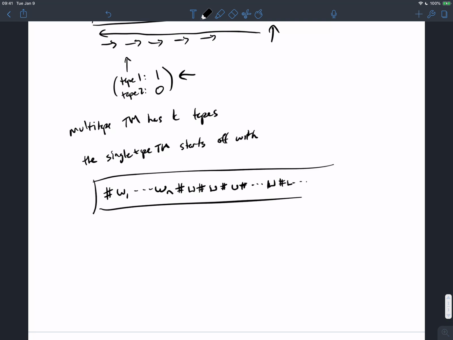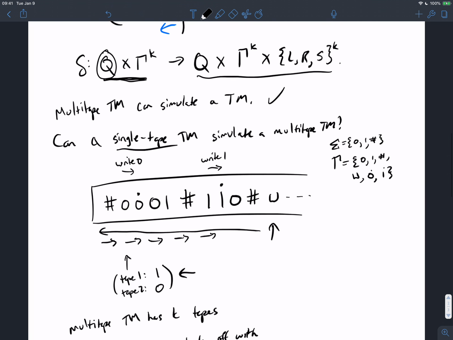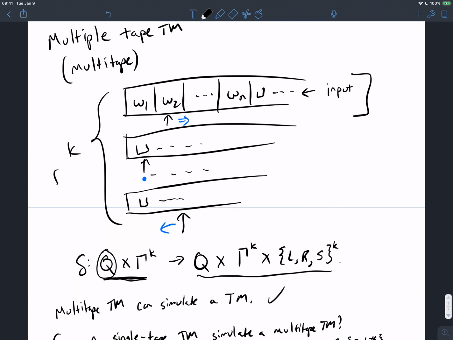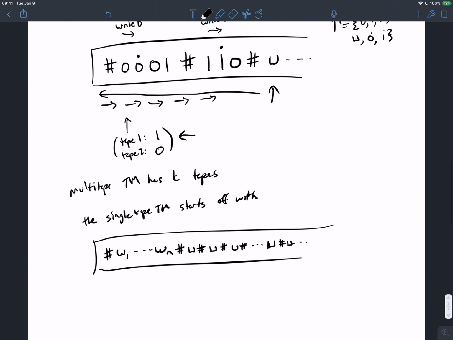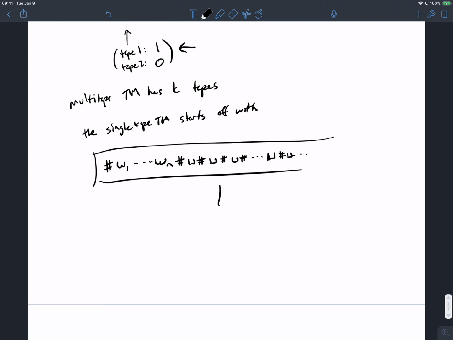I should make clear that the number of tapes we have here is fixed. So I can't add tapes as I go along, which makes this a lot easier to work with, because if I were adding more tapes, I wouldn't know how far right I need to go, how many delimiters I need to see. If I know K is fixed in advance, I know how far I need to go.